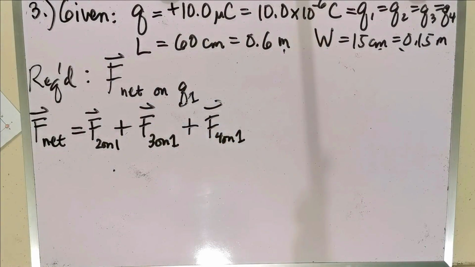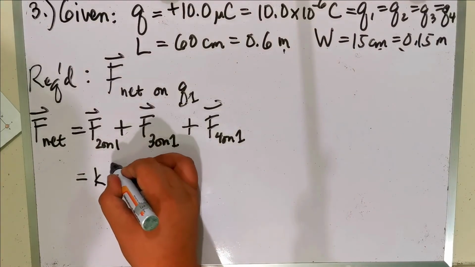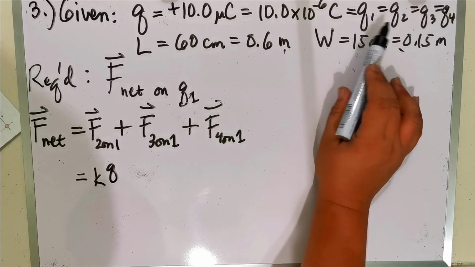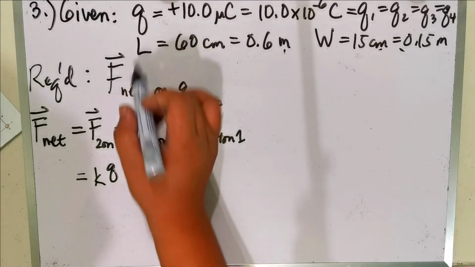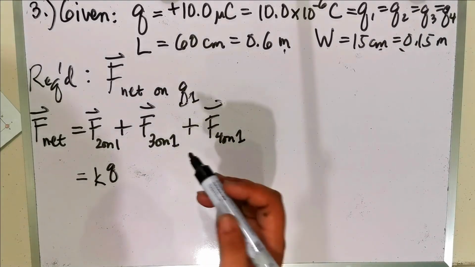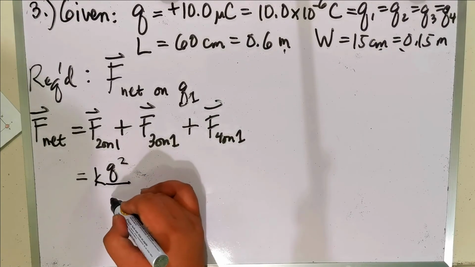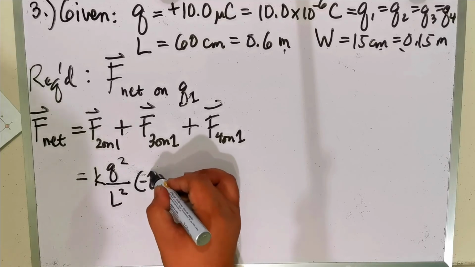If we substitute the equations of all the forces, this would be equal to k Q. Remember that Q1, Q2, Q3, and Q4 are the same, so we can just write Q. Q times Q is simply Q squared, over L squared, and this is negative I hat.